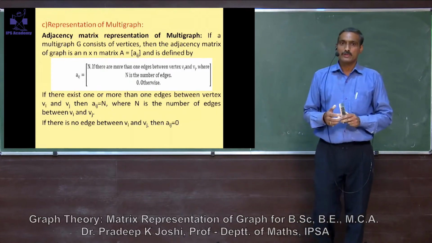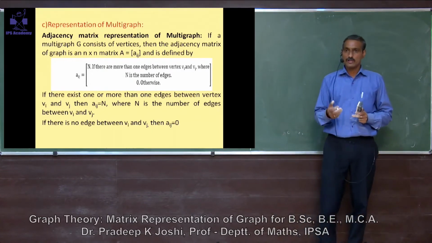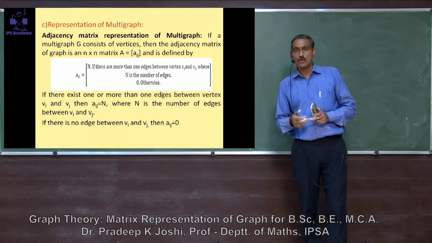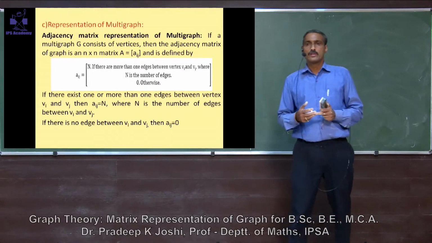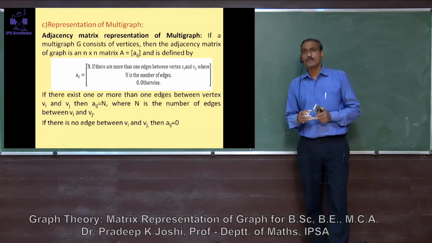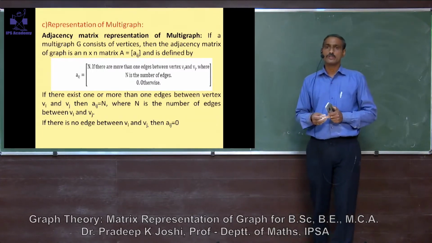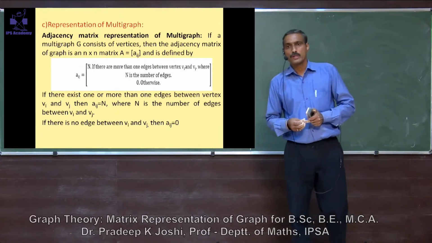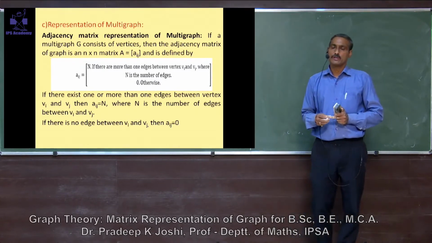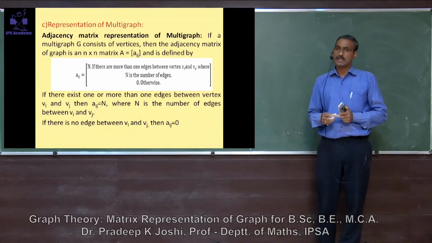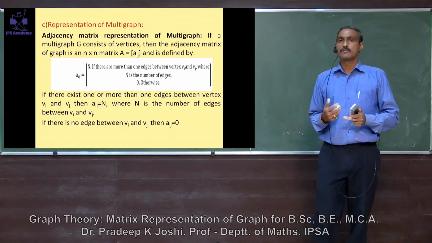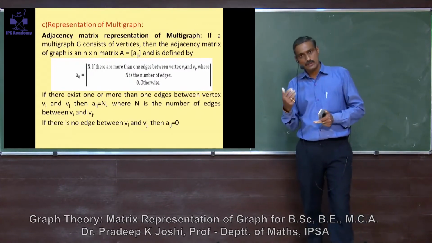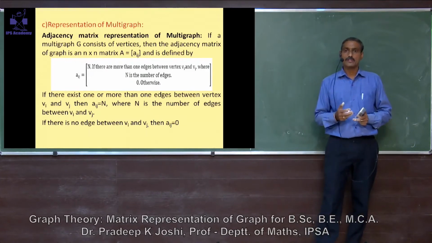A multigraph is a graph which has either self loops or parallel edges or both. Some authors also define a multigraph as a graph having only parallel edges, or multi edges. A graph which has self loops or parallel edges is known as a pseudograph. Here we are taking a multigraph as having either self loops or parallel edges or both.